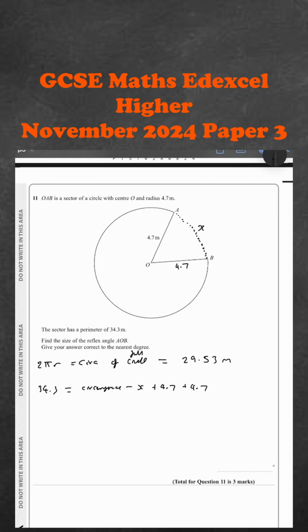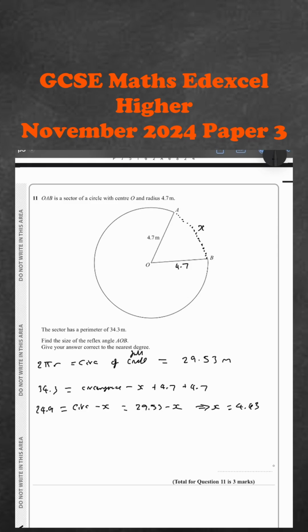So 34.3 minus 4.7 minus 4.7 again. We get 24.9 equals the circumference minus x. We already have the circumference is 29.53 minus x. Therefore, x equals 29.53 minus 24.9 is 4.63.